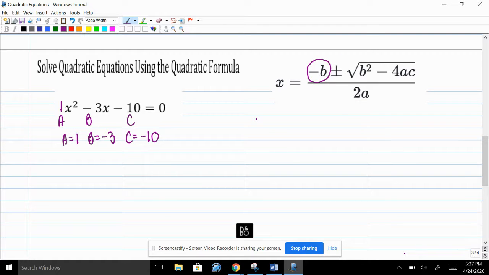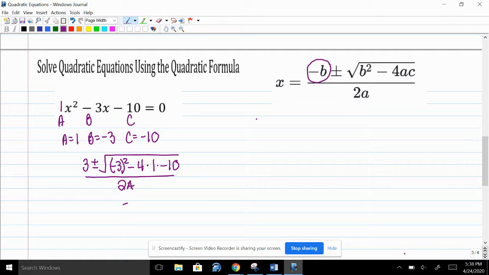We said in the first video that that also means the opposite of B. So I got -3, the opposite of which would be +3, plus or minus the square root of -3 squared minus 4 times a, which is 1, times c, which is -10, all on top of 2a. I just followed the formula up here and put the right numbers into the right spots.